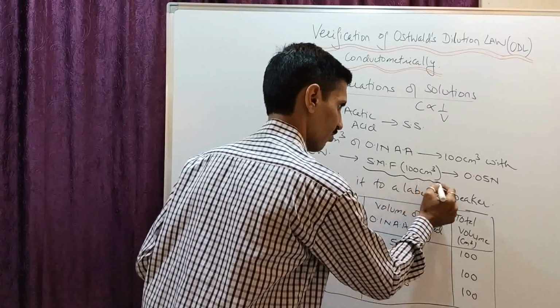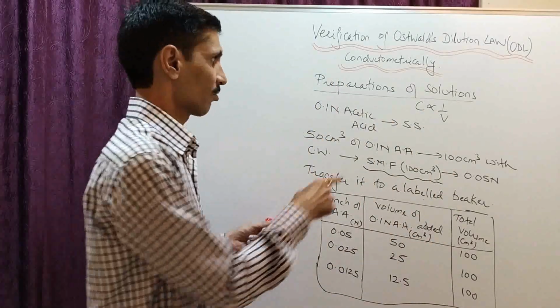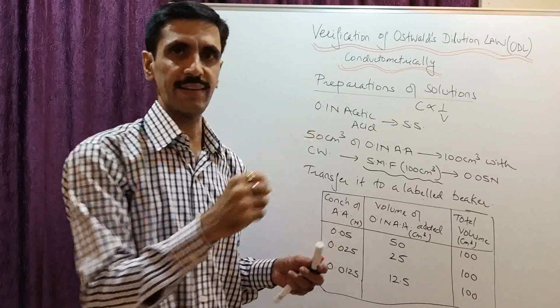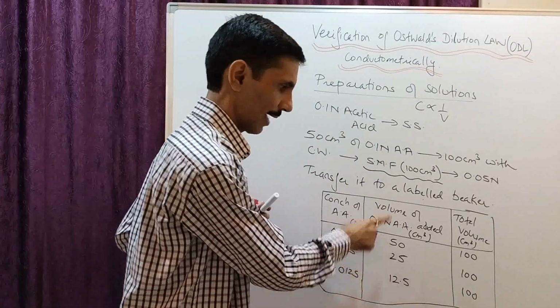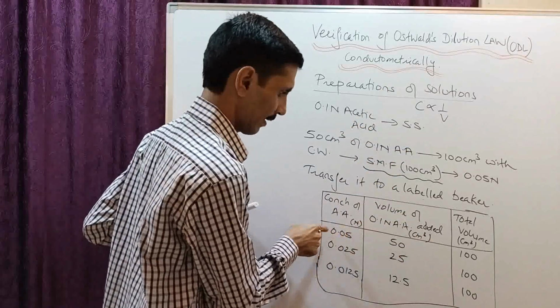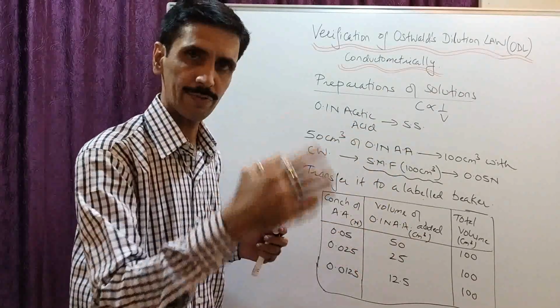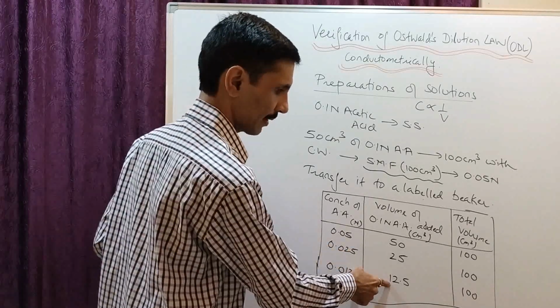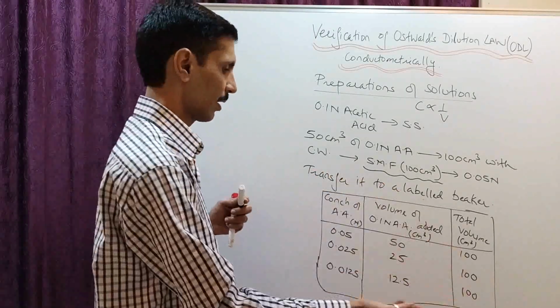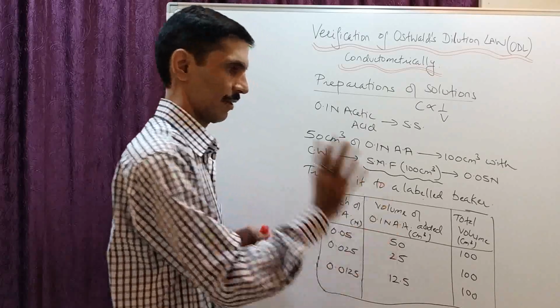Please use the same standard measuring flask. Stock solution कौन सा, हमारा 0.1 normal acetic acid. So every time, पहले आप 50 ml लो, diluted to 100, that is 0.05. फिर next में आप लो 25, diluted to 100, that will be 0.025, और last में आप कितना लोगे, 12.5, diluted to 100, so that will give you 0.0125.